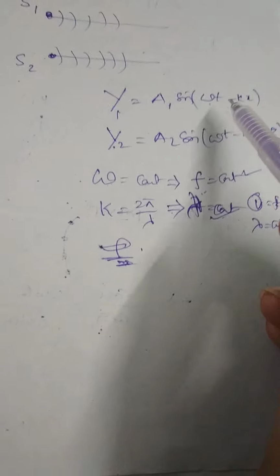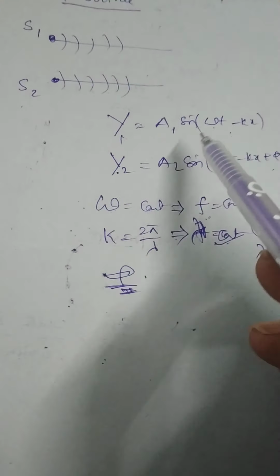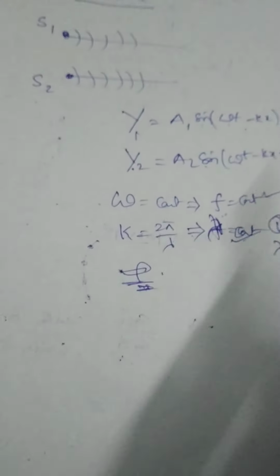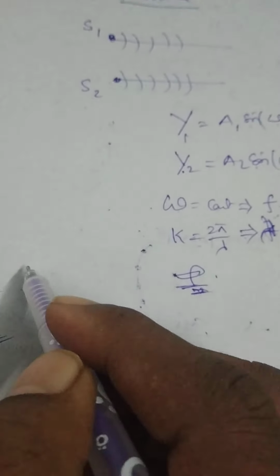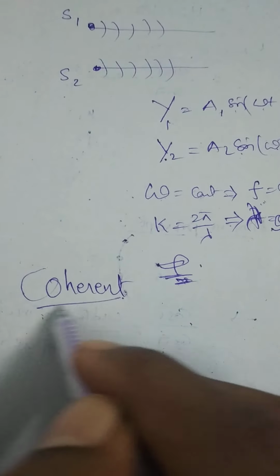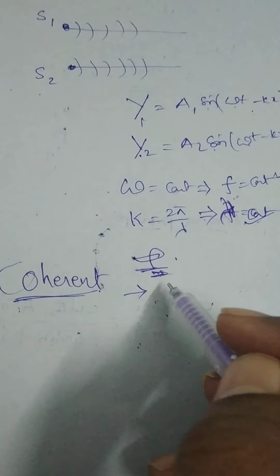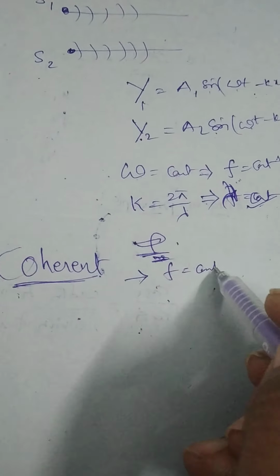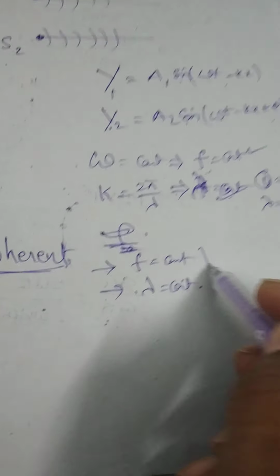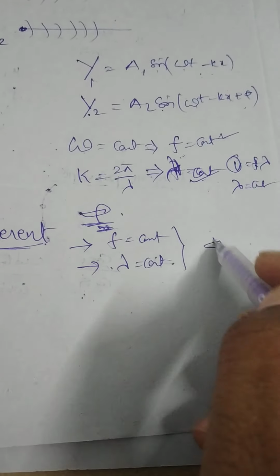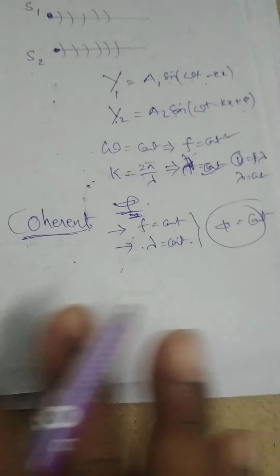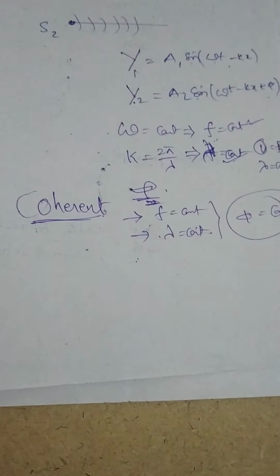These two waves are said to be coherent waves, and the sources producing the coherent light waves are known as coherent light sources. So coherent light sources means two waves having the same frequency and the same wavelength, and these two maintain a constant phase difference, or zero phase difference. So what is the definition of coherent light waves?